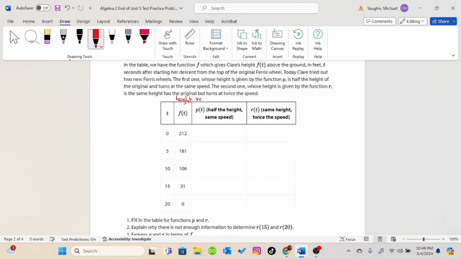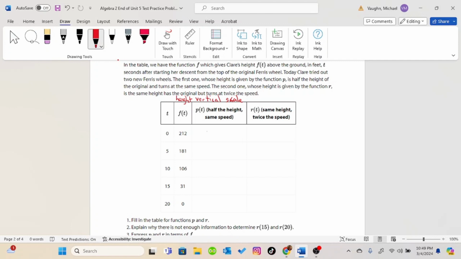This is a vertical scale. It is squishing this down by half. So we can take the height of the original one and we can do it in half.